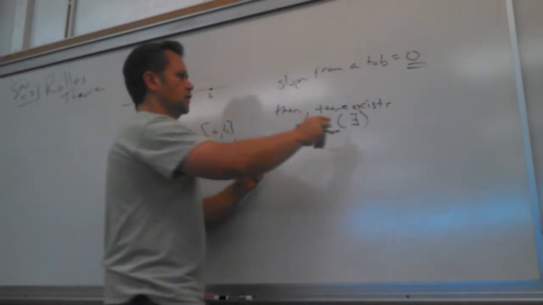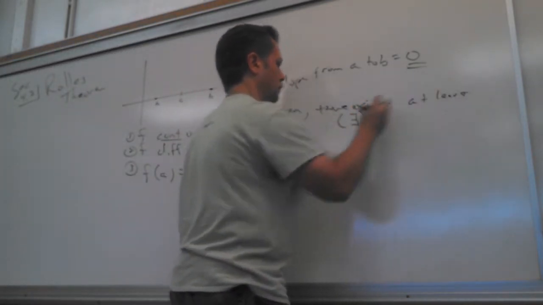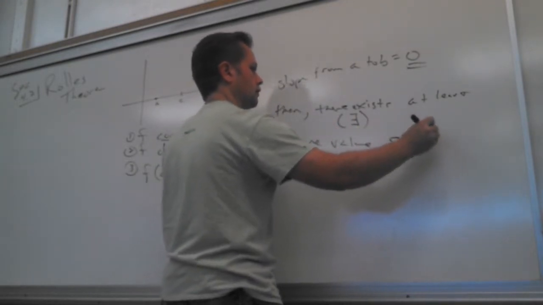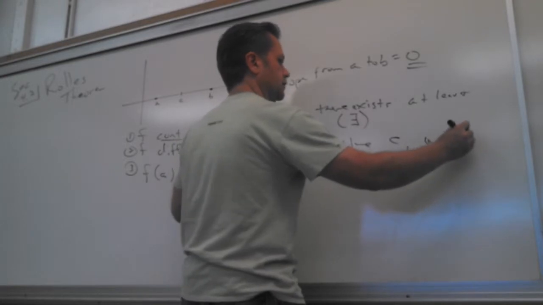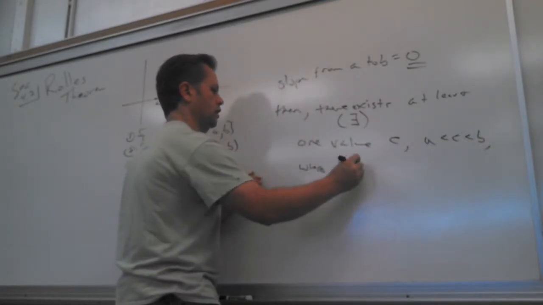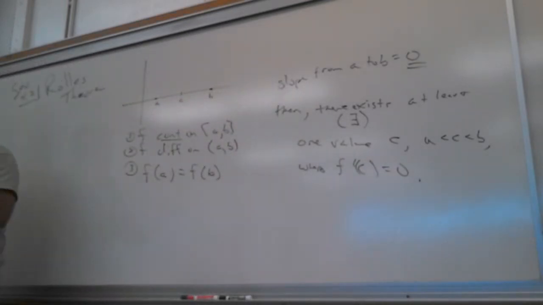Then there exists at least one value c, a less than c less than b, where f prime of c equals 0. Okay. It took a lot of writing for a very, very simple idea.